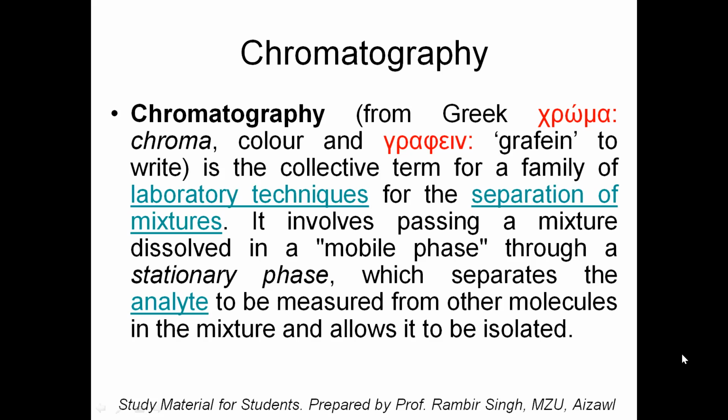For development of a marker compound, the primary requirement is that we should be able to isolate that compound. If I give you a tissue, the tissue has millions of cells, and every cell has a large number of biomolecules.